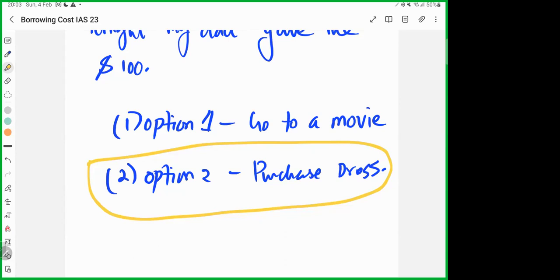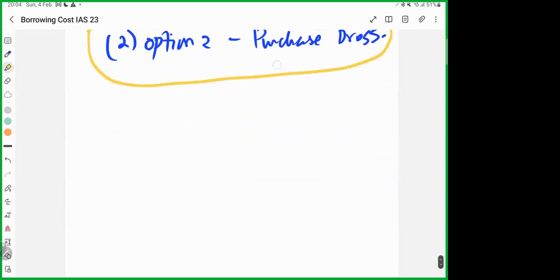So in other words, you are foregoing the amount of entertainment that you were supposed to have received. Correct? Why? Because you chose to spend the $100 in buying the dress. Correct? Yes. The opportunity cost is the satisfaction that you forego by not choosing the next best alternative.